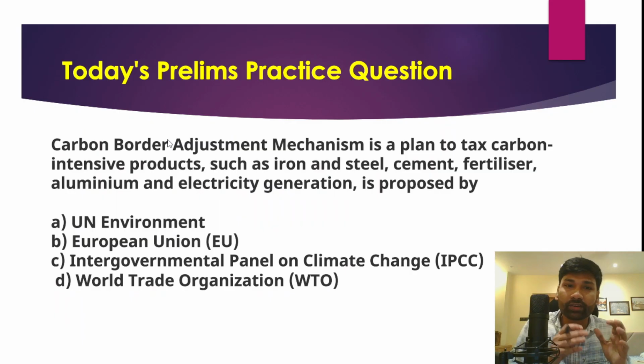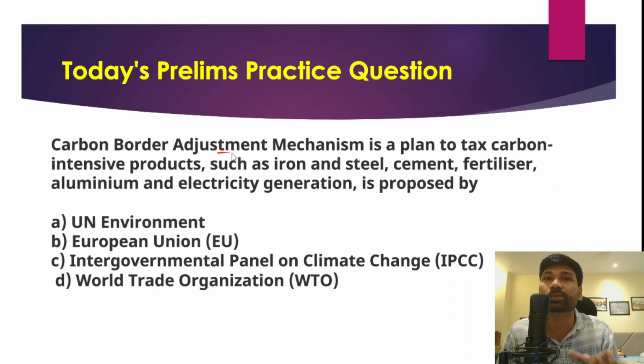So today also a very important question. We have already discussed this in our previous classes. We have discussed the carbon border adjustment mechanism. This carbon border adjustment mechanism is a plan to tax carbon intensive products such as iron, steel, cement, fertilizer, aluminium, and even electricity generation.